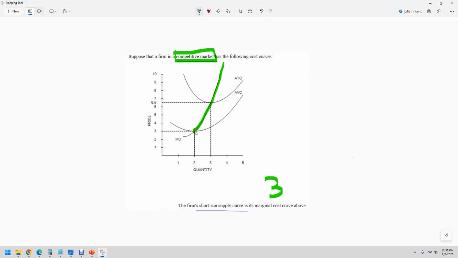So here on this graph, we're really thinking about when I can pay into my fixed costs in order to make it worth my time. So let's calculate what the fixed costs are. Our average total cost, which is this curve right here, is equal to our average variable cost plus our average fixed cost.